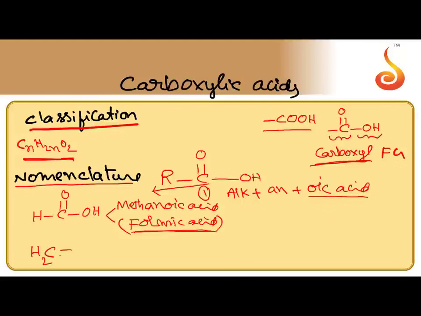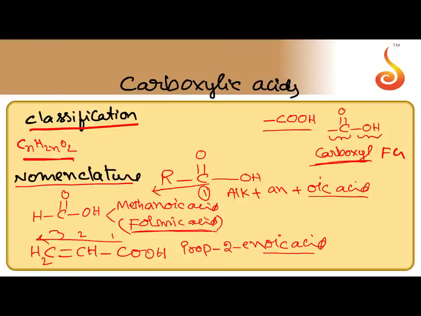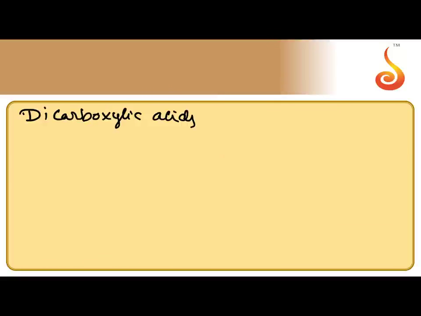Next, CH2 double bond CH, COOH. If you take numbering from left to right, 1, 2, 3. Prop. Ene is there. The primary suffix is ene, starting at the second carbon. So 2-ene. You need not write the 1 for oic acid. That is understood. So simply you write oic acid. Whenever you are writing oic acid, the carbon of the COOH is getting number 1. That is understood. Prop-2-enoic acid.